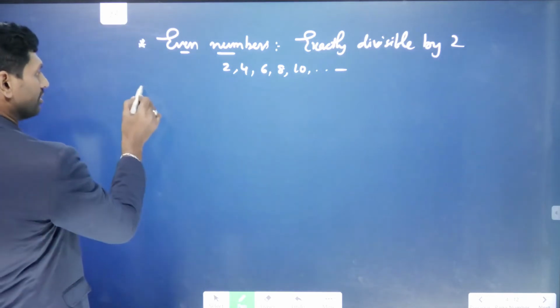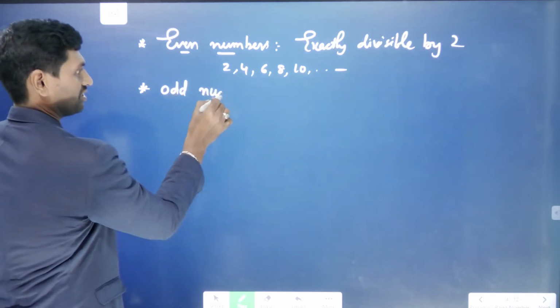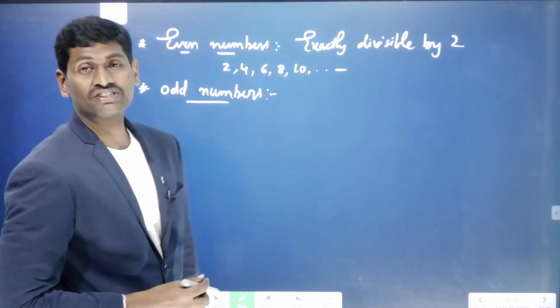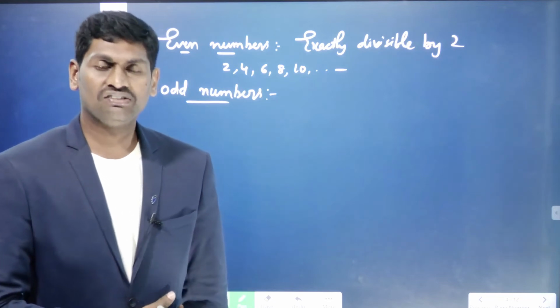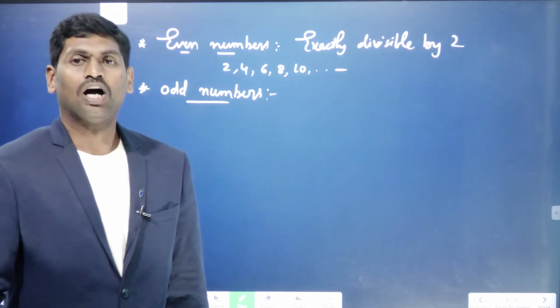Next, odd numbers. What are odd numbers? When a number is divided by 2 and leaves the remainder 1, such type of numbers are called odd numbers.